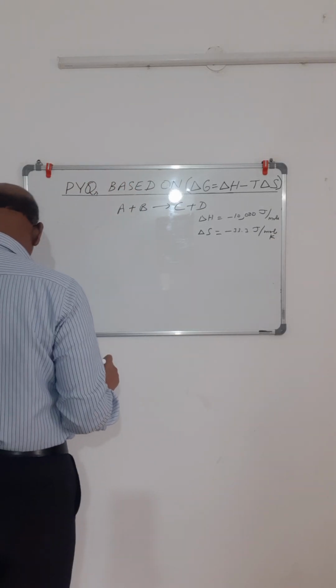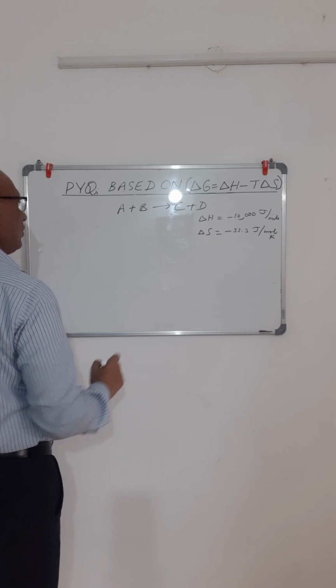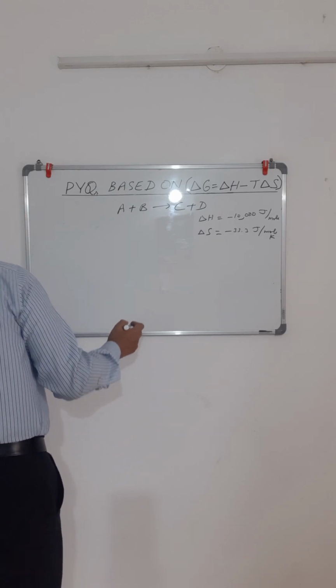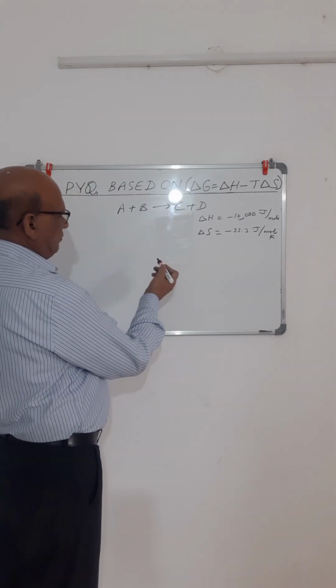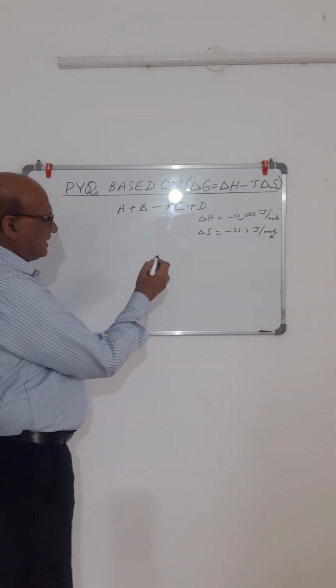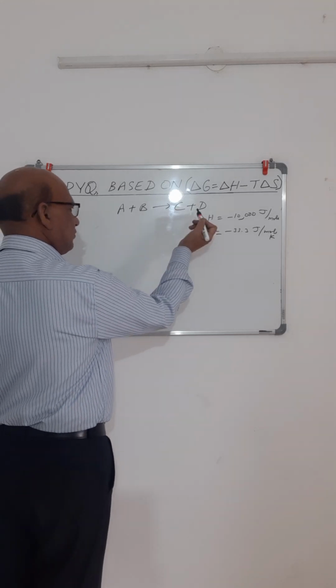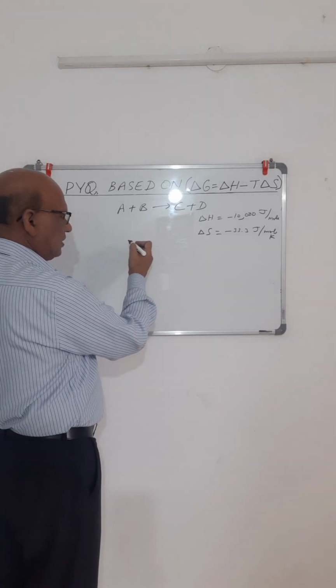And we have to find out the temperatures when the reaction will be spontaneous from left to right, and at what temperatures the reverse reaction will be favored. So we have to find the conditions of temperature at which forward reaction will be favored and the temperatures at which reverse reaction will be favored.